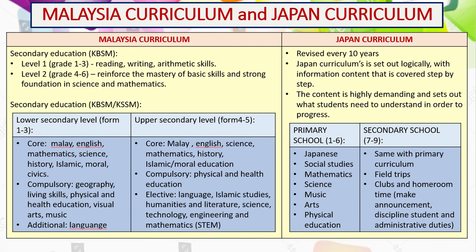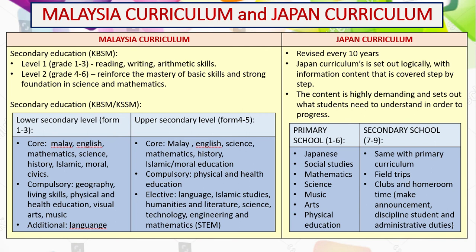The core subjects will be Malay, English, mathematics, science, history, Islamic education, moral, and civic, while the compulsory subjects will be geography, living skills, physical and health education, visual art, and music, while the additional language will be the additional subject.